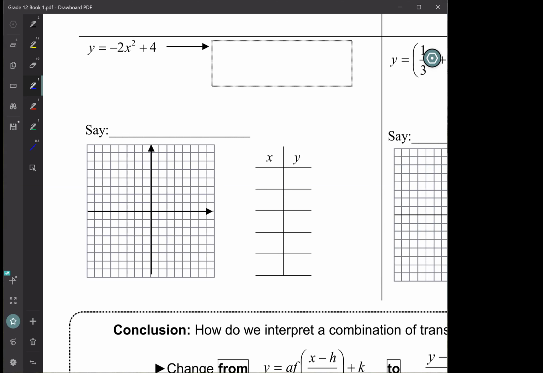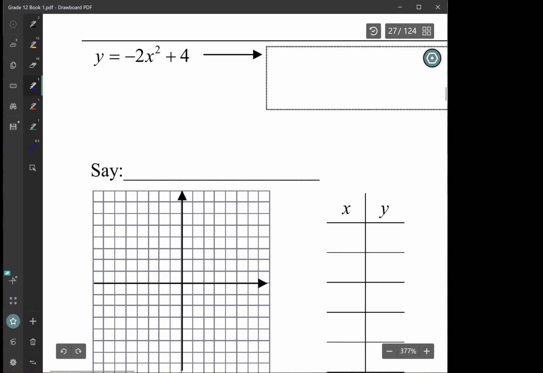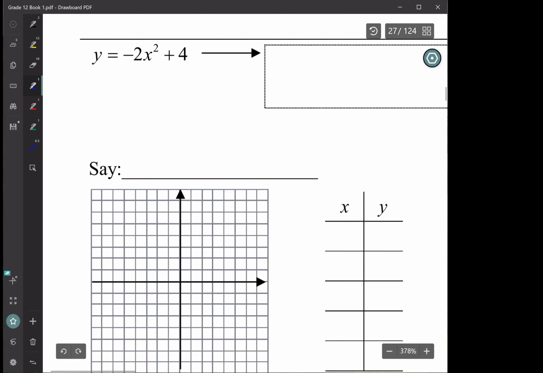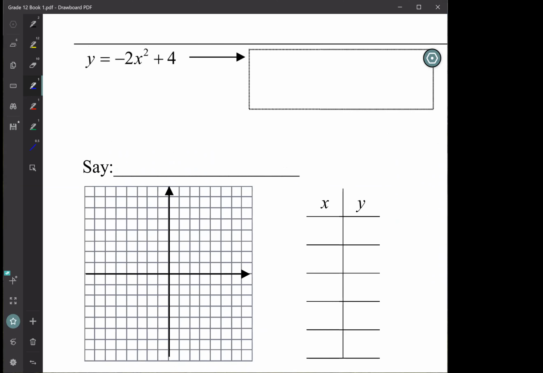So which numbers can be moved to the y side? Tiana, what do you think? Which part can be moved over? 4, negative 2. Yeah. So when you start, our goal is to keep it in the form.